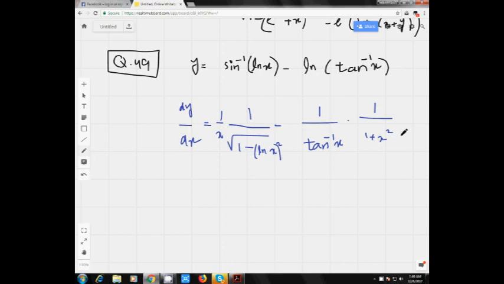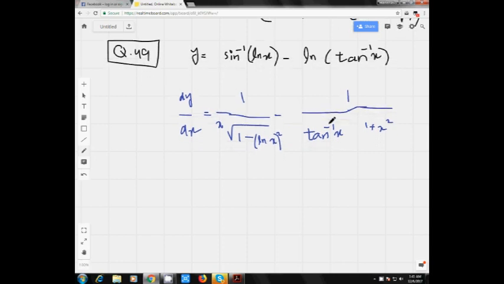So this is the answer of your question. In the next step you need to combine. This was a very simple question, and it is not so important from the viewpoint of the paper.